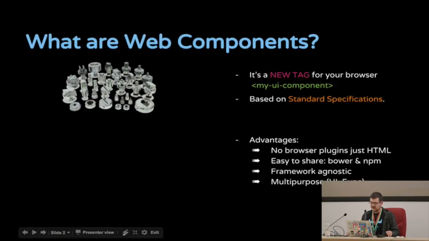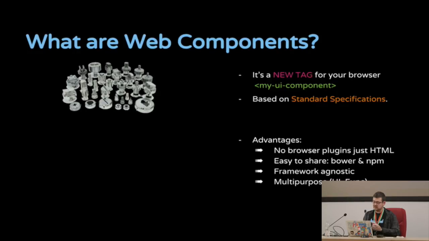Well, basically it's a new tag that you add to your UI, to your browser, and everything should work, right? So with web components we don't need plugins in the browser. It's easy to share, framework agnostic. All the frameworks can create a new element and put it there, and based on the specification, it should work.